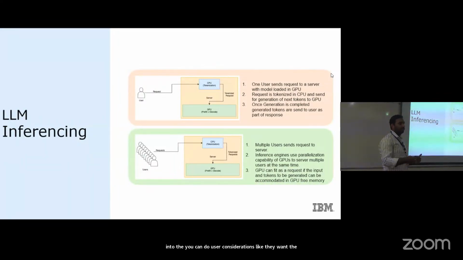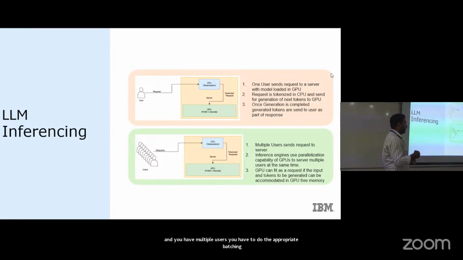If you are using ChatGPT, you don't have to wait, right? The generated tokens keep on coming. So those are the challenges when you have just one user versus multiple users. You have to do the appropriate batching, so the requests get processed in the GPU simultaneously.